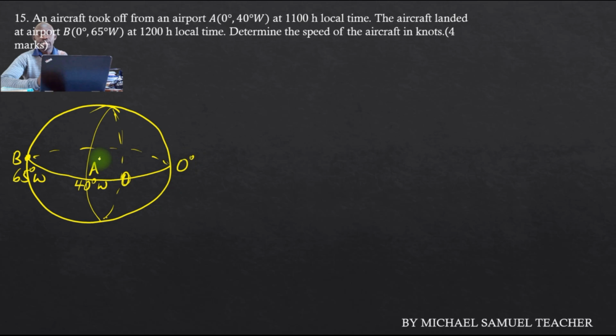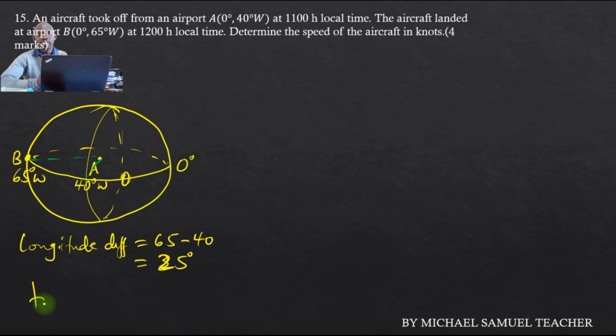Now, on the same longitudes, we get the longitude difference, and the longitude difference will be 65 minus 40, since they're on the same side. That is 25 degrees.